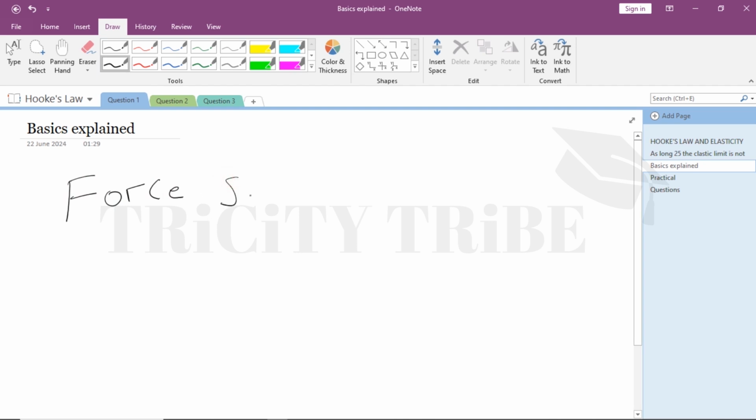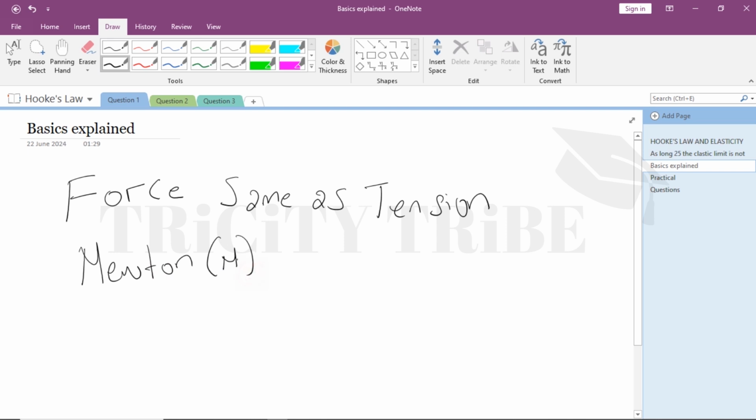Force is the same as tension. Sometimes you may not be given force. Your force is already represented in Newton, which is abbreviated as N. So you could be given a force of 20 Newton, 30 Newton.